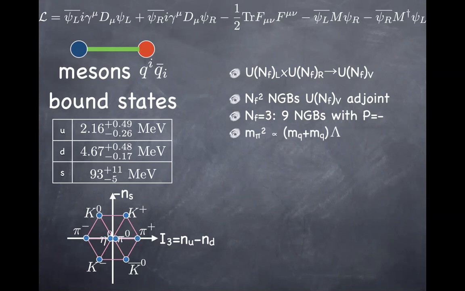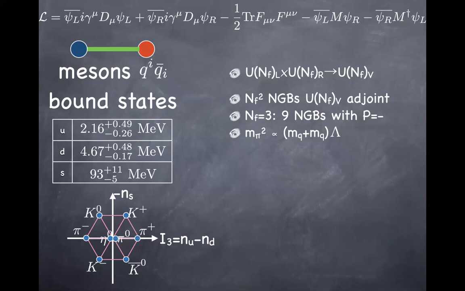And in practice, this U3 cross U3 symmetry is not exact because we know that quarks actually have small but finite masses. So you can start doing a perturbation theory with the small quark masses. And then you find that these pseudoscalar states receive a finite mass because they are no longer exact number Goldstone bosons; then you say they are pseudo number Goldstone bosons.